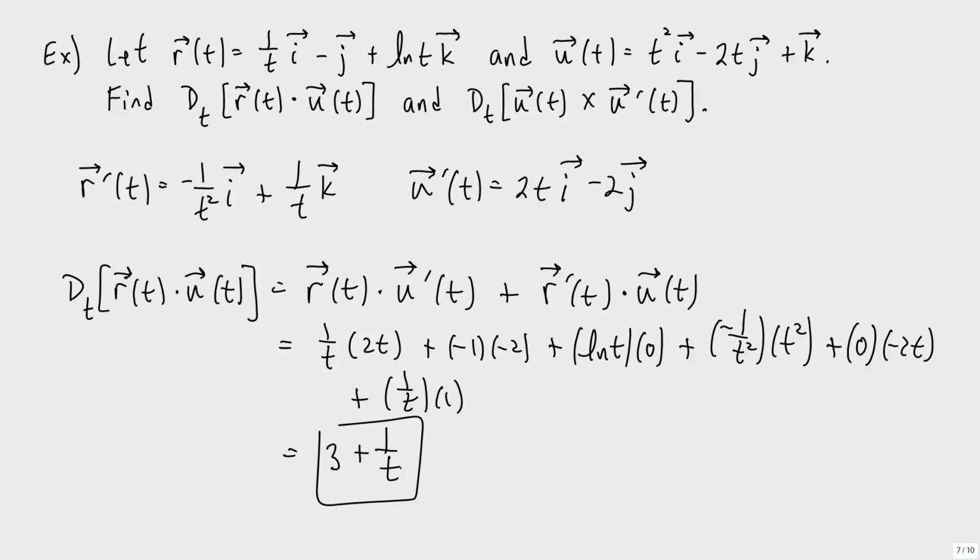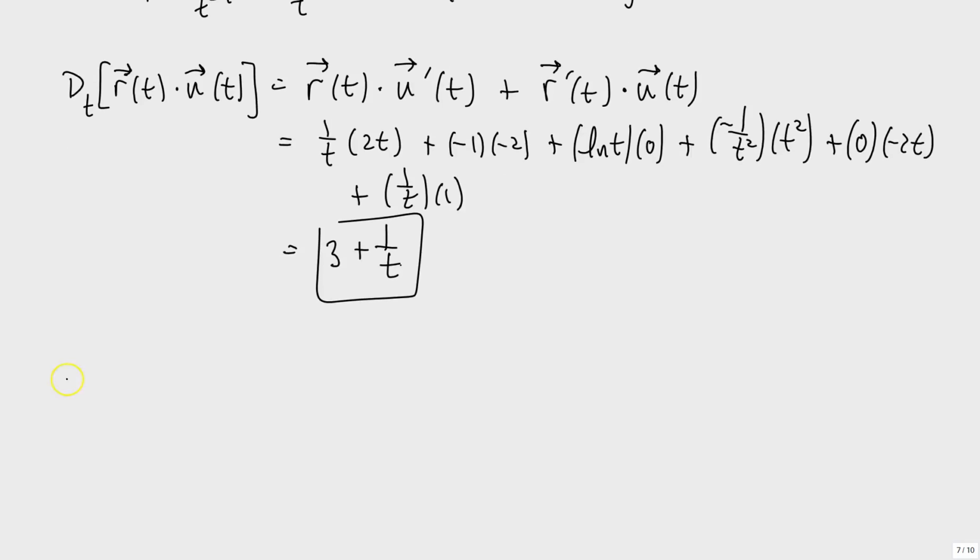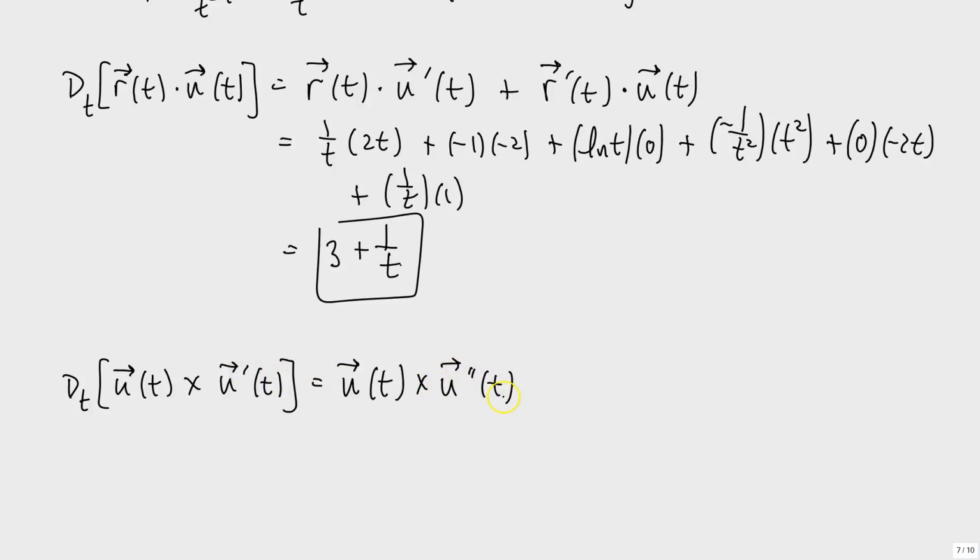Well, that property states that we should just do u cross the derivative of this one, which would be u double prime, plus u prime cross u prime.